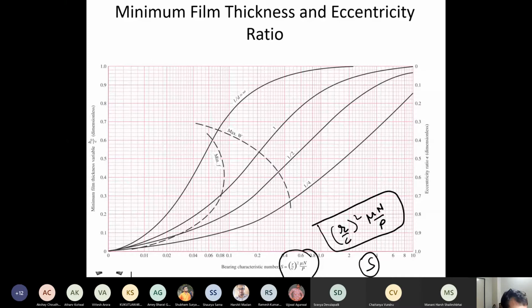And then we need to have this L by D ratio. L is the length of your journal bearing, and D is the diameter of the journal bearing.